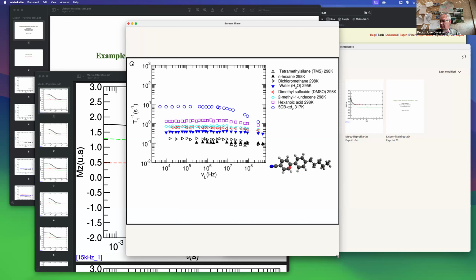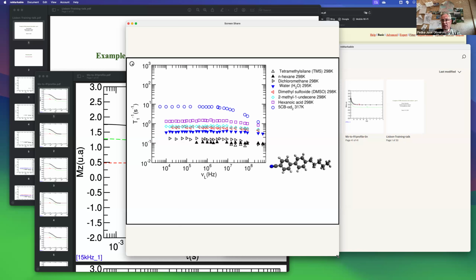This is a very well-known compound from the liquid crystal community, called 5CB, a liquid crystal. You might have heard about liquid crystals, the compounds that made possible all this revolution in displays and screens that we nowadays use everywhere as a commodity.